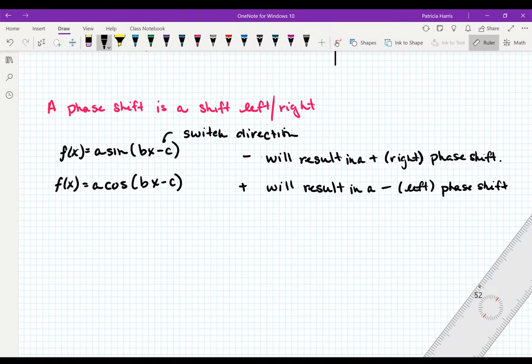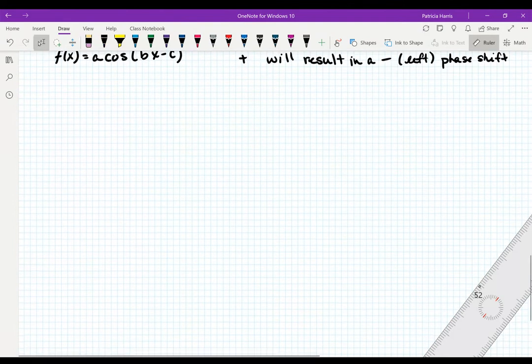All right, so let's just do a phase shift. I'm not even going to do a period change yet. We're just going to do a phase shift. Okay, let's keep it simple. Let's just do sine of x minus pi over 2. Okay, so that tells me that the amp is still 1.